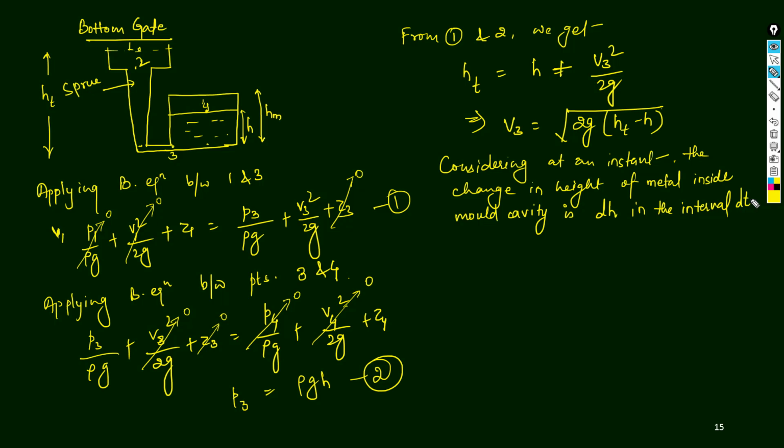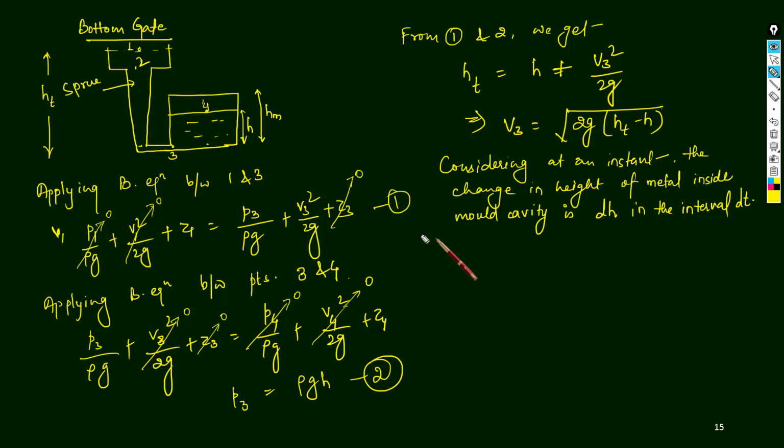For a small time interval dt, we have observed that the change in the height is dh. Actually this is very negligible, as we have already considered that the velocity with which this is rising is 0. So dh is very small.